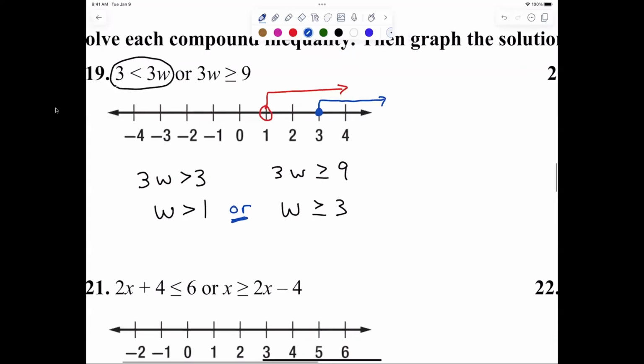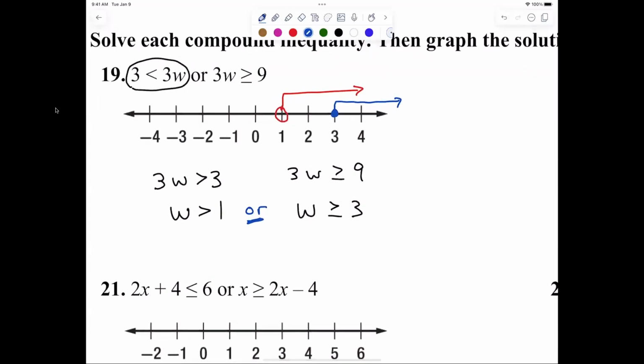Please look up here on the board, and this will help you. What is happening is the number line has been split up into 3 different regions. Now I'm going to ask you about these numbers right here.